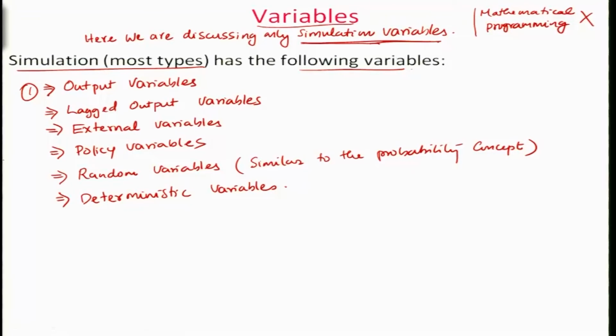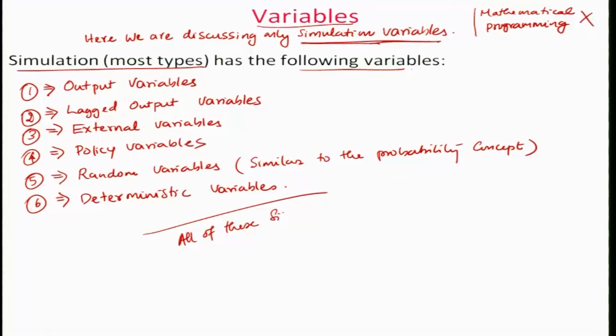The first one is the output variable, second is the lagged output variable, third is the external variable, fourth is the policy variable, fifth is the random variables, and sixth is the deterministic variable. So, we will talk about these 6 variables which are quite common. All of these 6 are common to most simulation approaches.